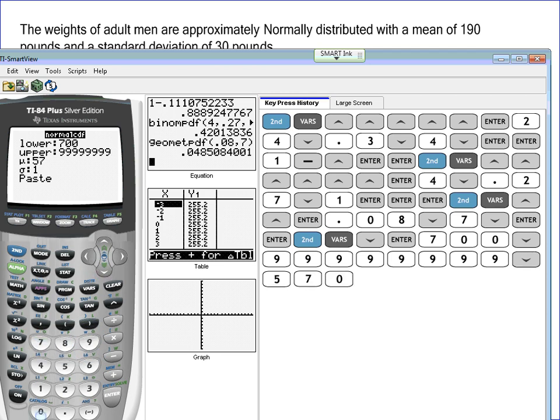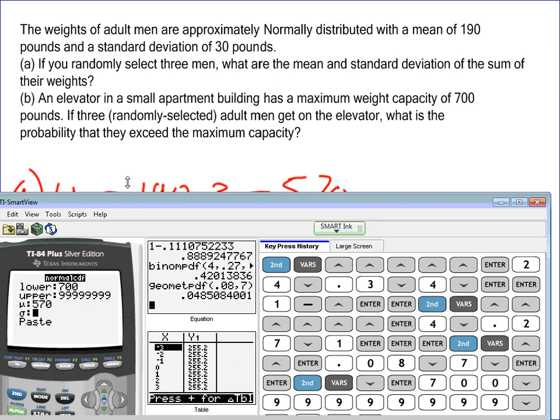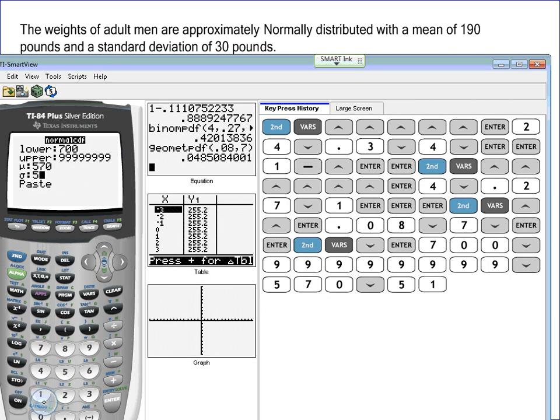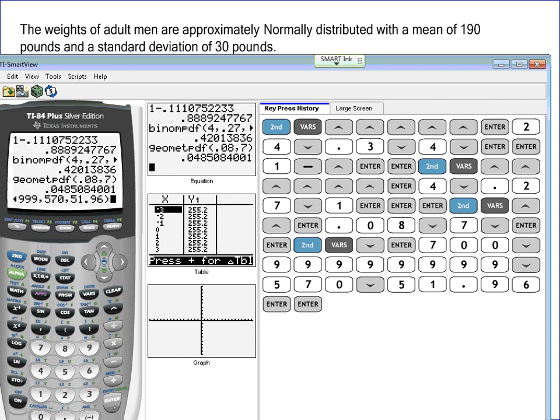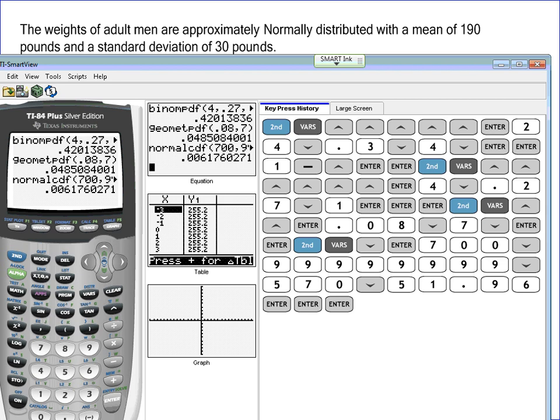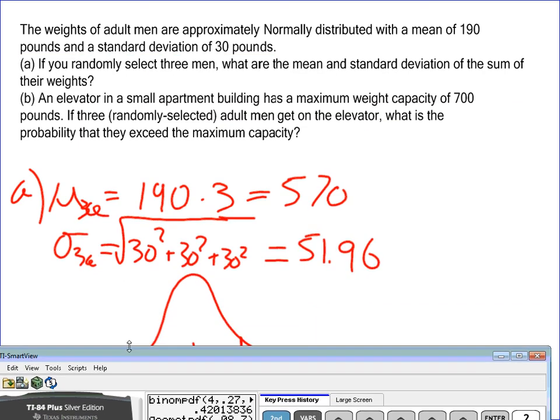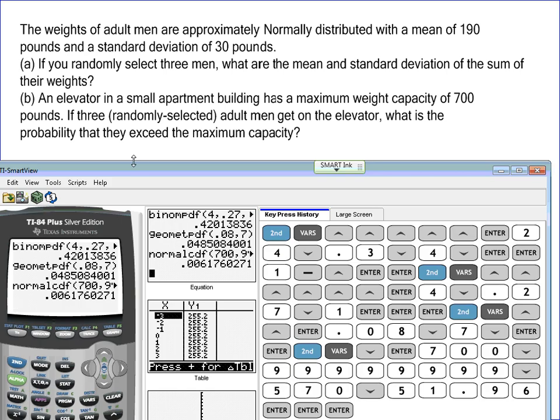Mean is 570. And standard deviation was, what was that, 51.96? And so we have a less than 1% chance that they would exceed the maximum capacity of the elevator.